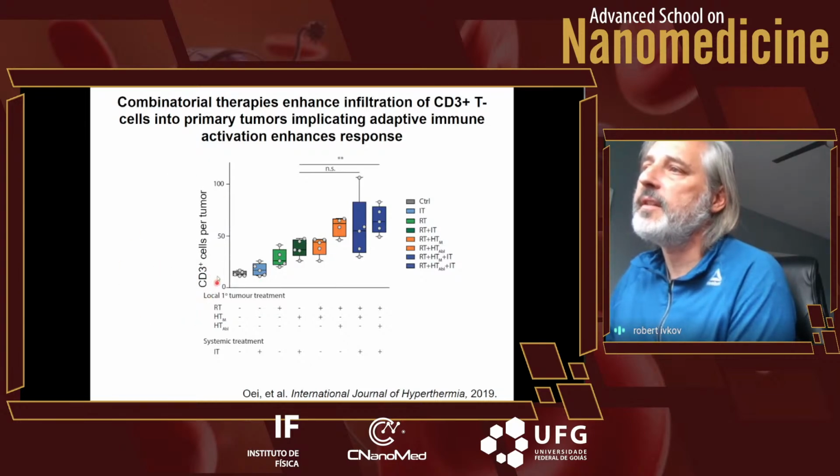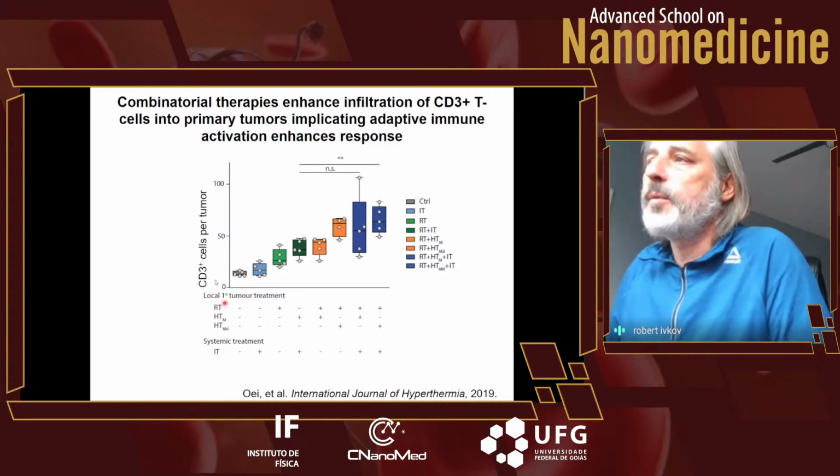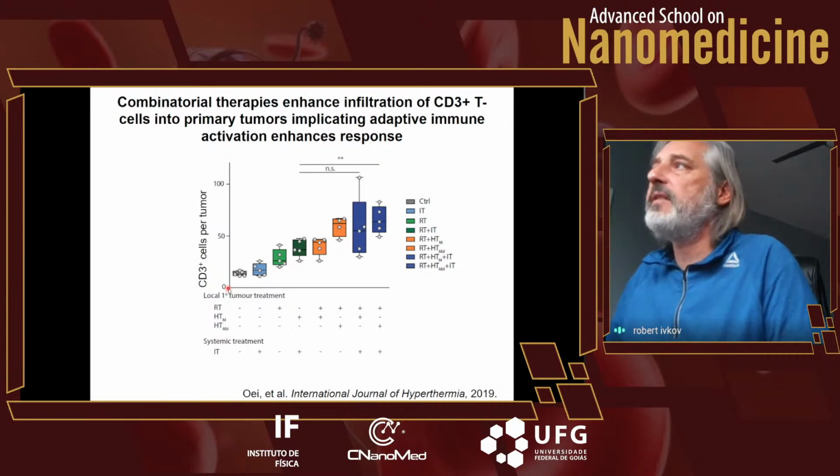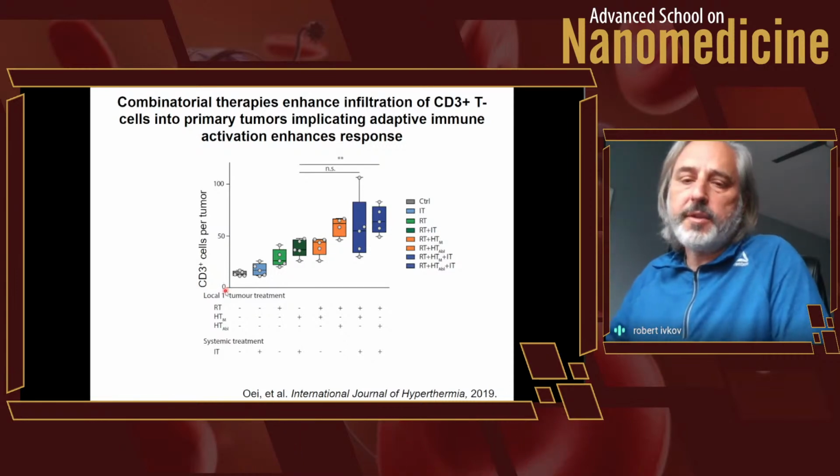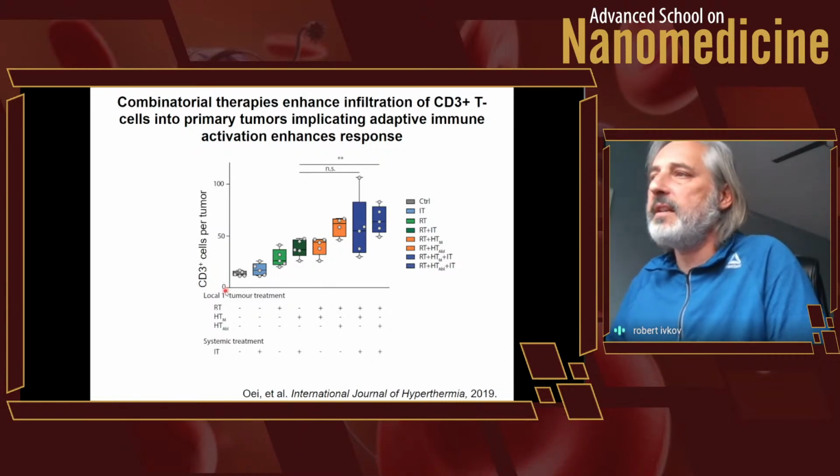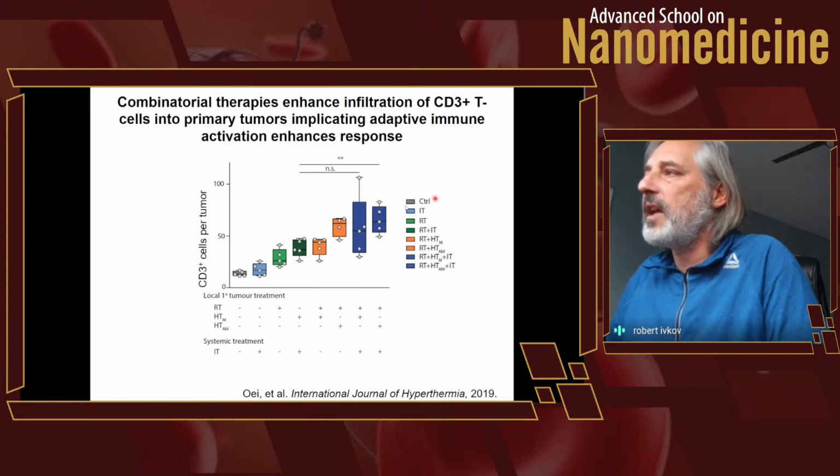histopathology analysis and did immunohistochemistry to stain for CD3. CD3 is a marker for T cells. So we're not distinguishing here between CD4 or CD8 T cells, but basically all T cells in the primary tumor, and using the same sort of scheme for looking at the treatment code, which you can also see down here.